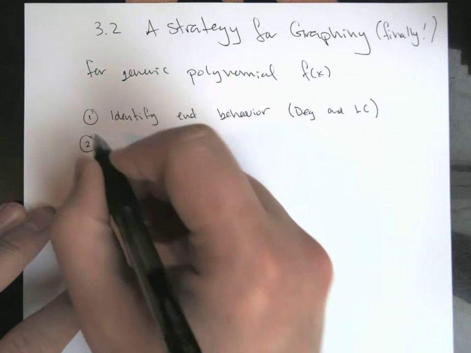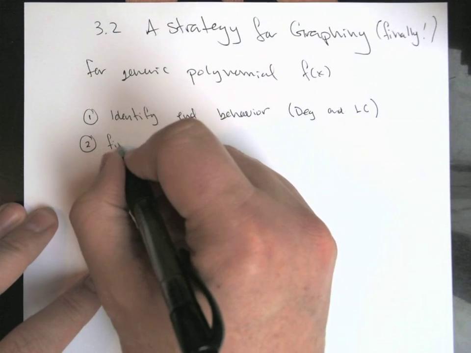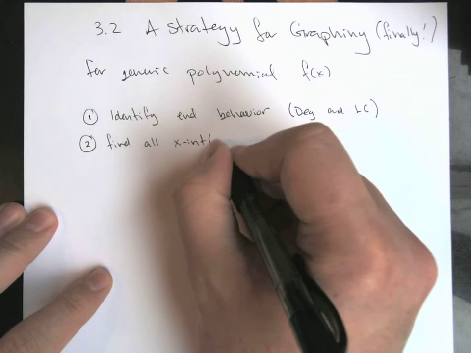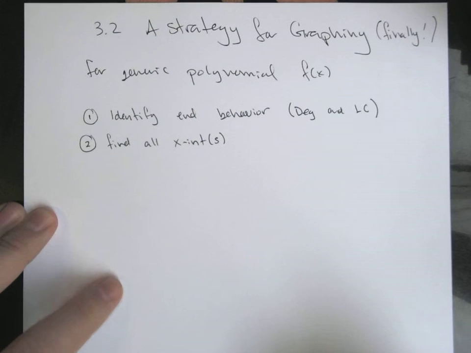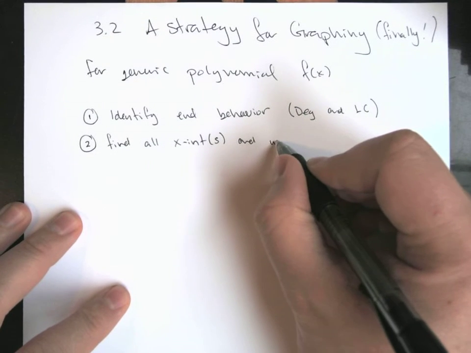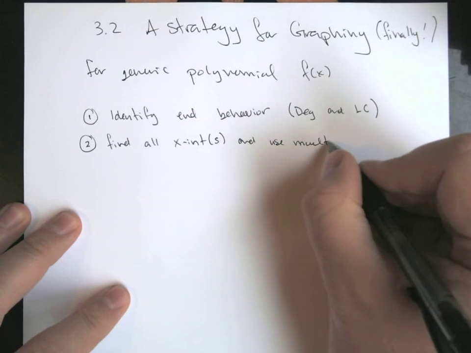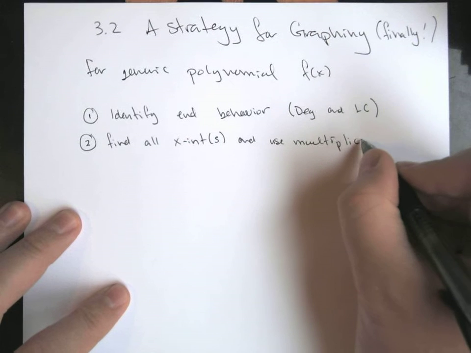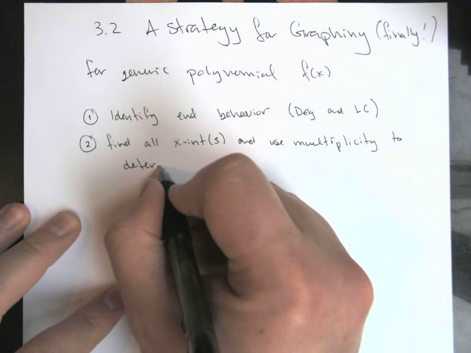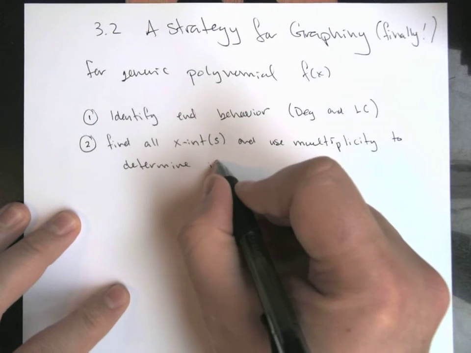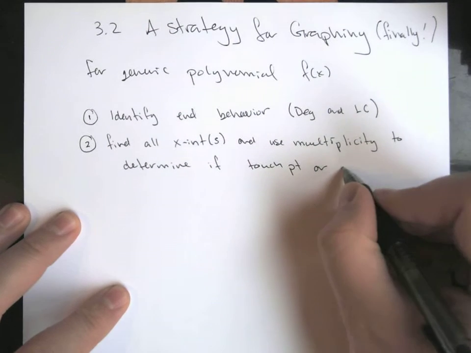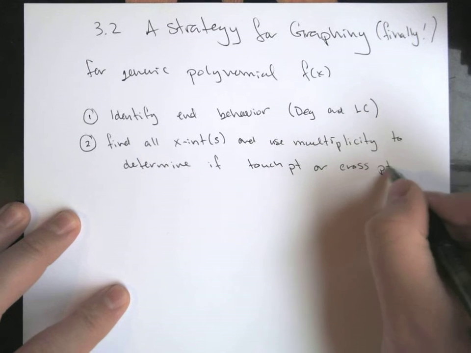Step number two, find all the x-intercepts. Maybe there's only one. And use our multiplicity to determine if it's a touch point or a cross point.